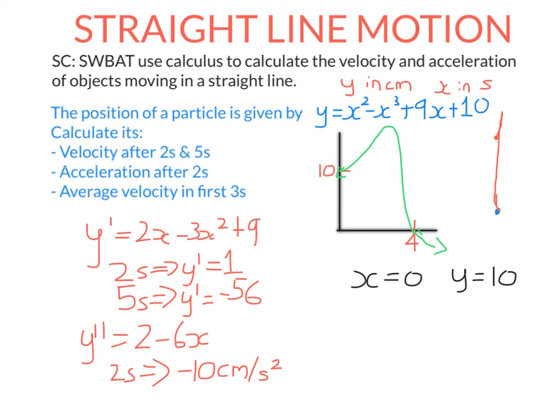At x equals 3, if I substitute it into the original equation, I get y is equal to 19. So it started 10 centimeters away from this point, and after 3 seconds it went to about 19 centimeters. So it has traveled 9 centimeters in 3 seconds. So the average velocity is just 3 centimeters per second.